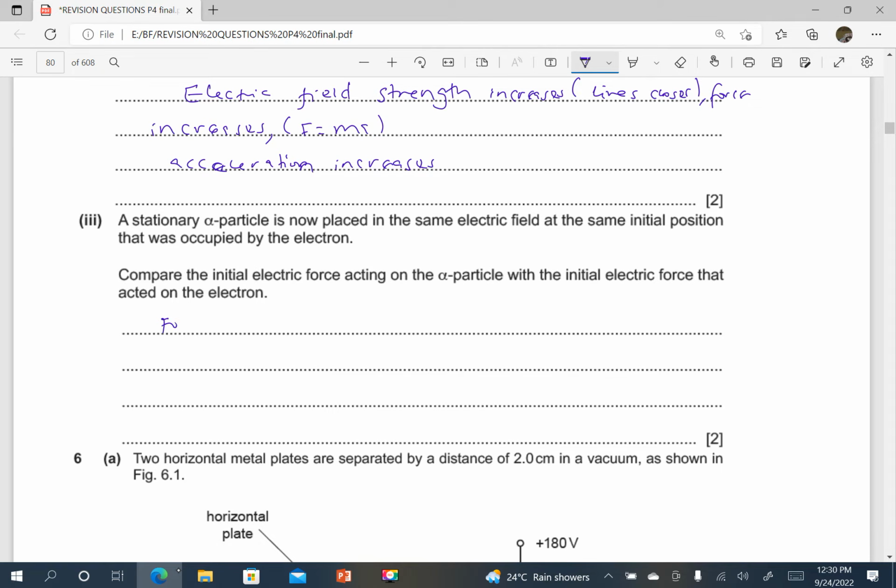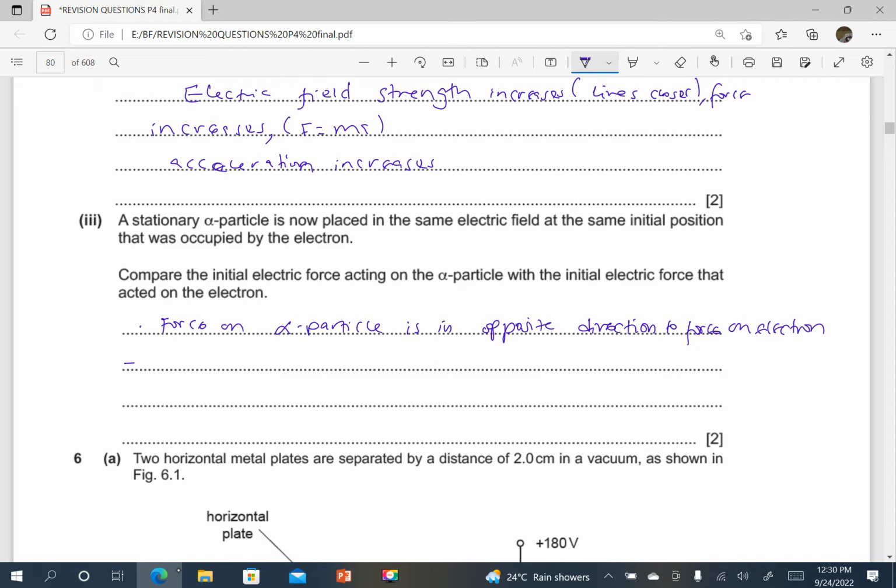So we can say that the force on the alpha particle is in opposite direction to the force on the electron because they have opposite charges.